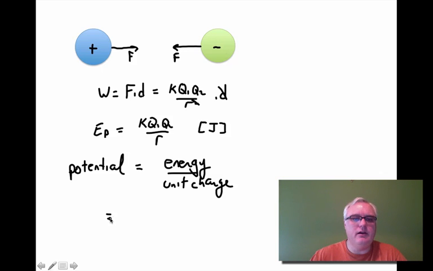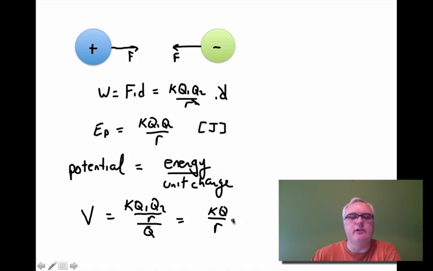So we're going to take our potential energy, which we just derived, and we're going to divide it by charge. So what we end up with is K times Q over R. And this is our electric potential. And we give it a symbol V for electric potential.